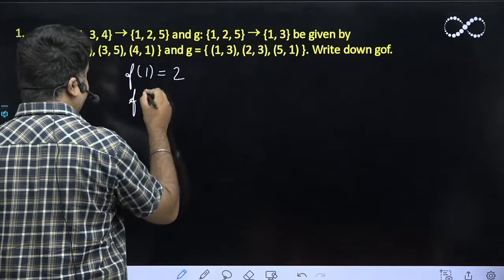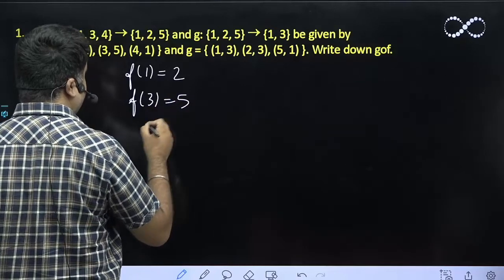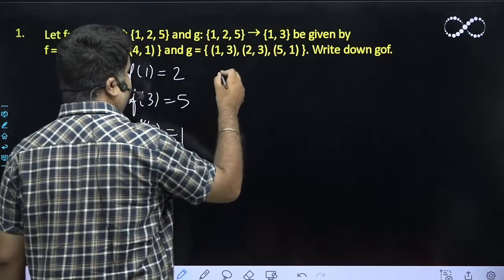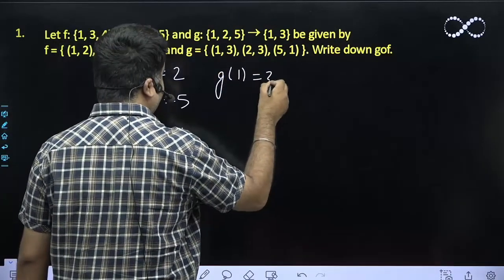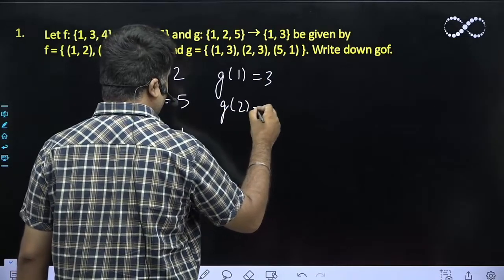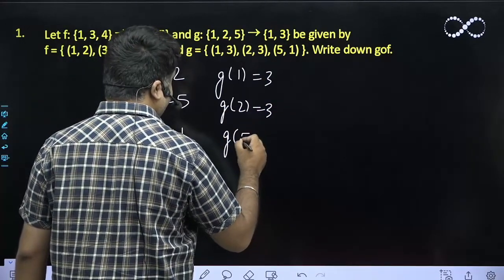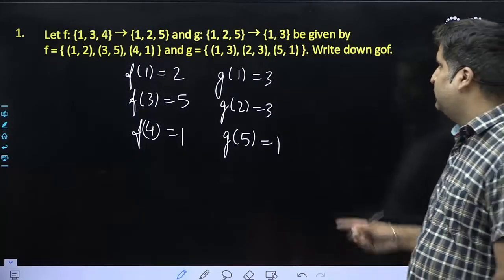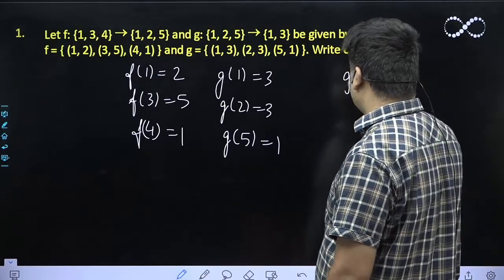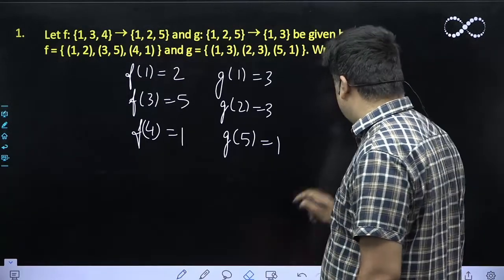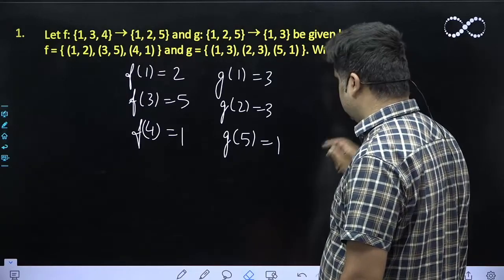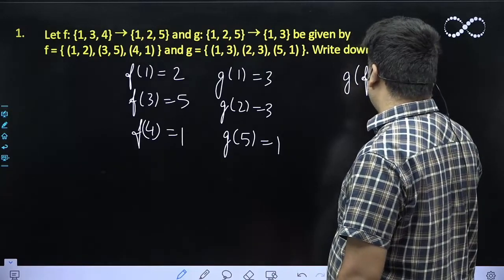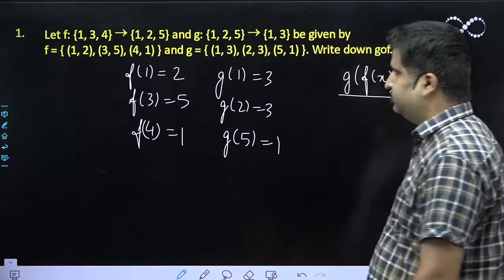Similarly, f(3) = 5, f(4) = 1, and here g(1) = 3, g(2) = 3, and g(5) = 1. So what do we have to find? We have to find g∘f, which is nothing but g(f(x)). So g(f(x)), this is what we need to find, right?